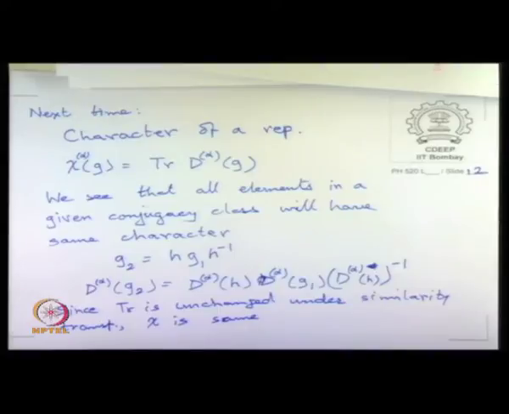So what was in group theory language some abstract concept of conjugacy classes is, in matrix language, simply a similarity transformation, and so the character will remain the same. We will see that this is an important thing. This is why the number of elements in a conjugacy class is important.